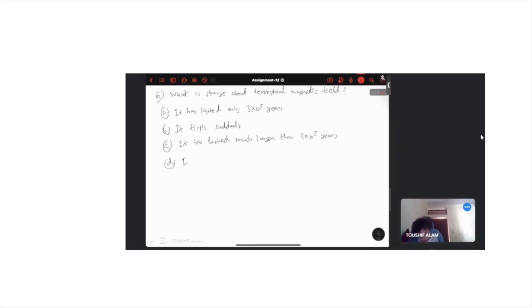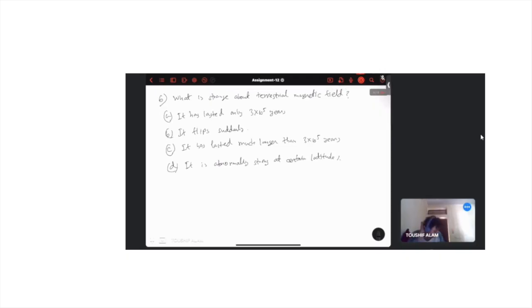Indeed, it is abnormally strong at certain latitudes. So basically, the terrestrial magnetic field.